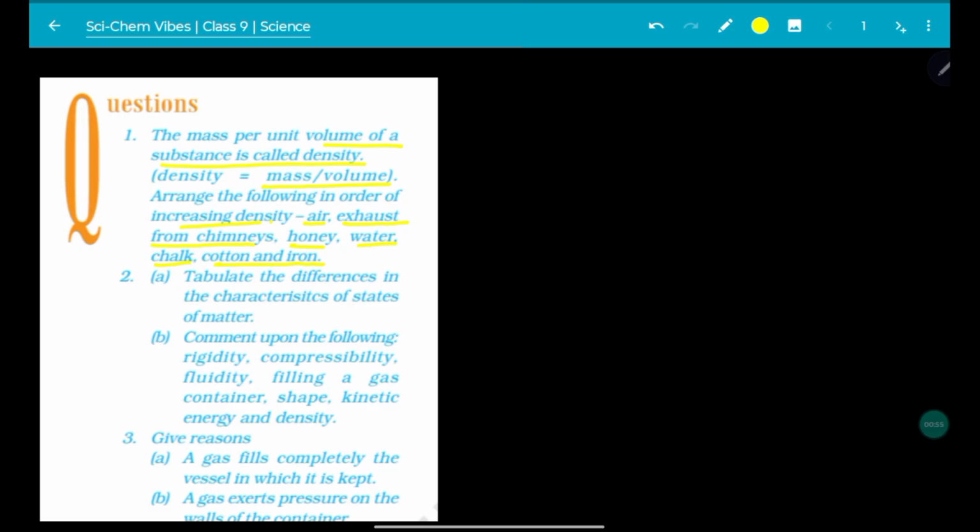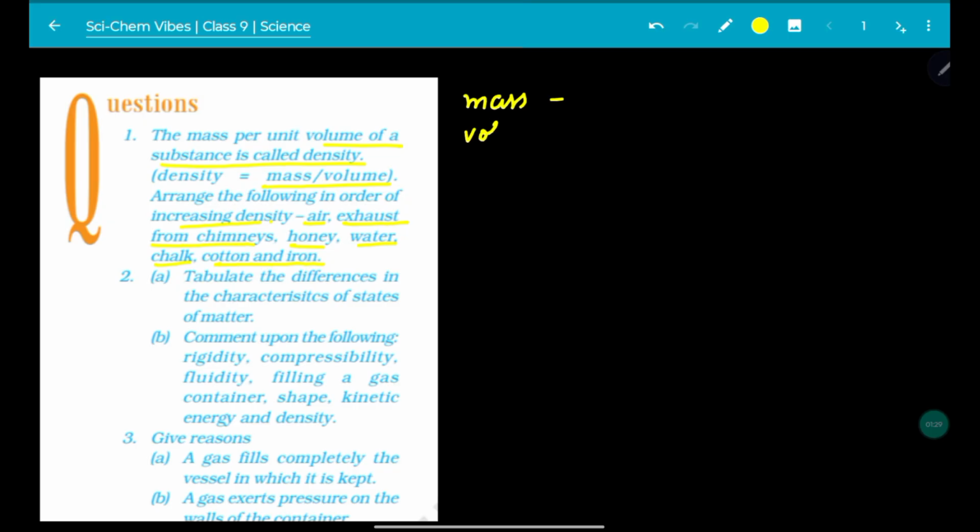First, let us understand what the question is asking. We need to arrange the given substances from lowest density to highest density. Now the important term here is density. Density means how much mass is present in a given space. Let us understand two words. Mass means how heavy an object is or how much matter it contains, related to weight.